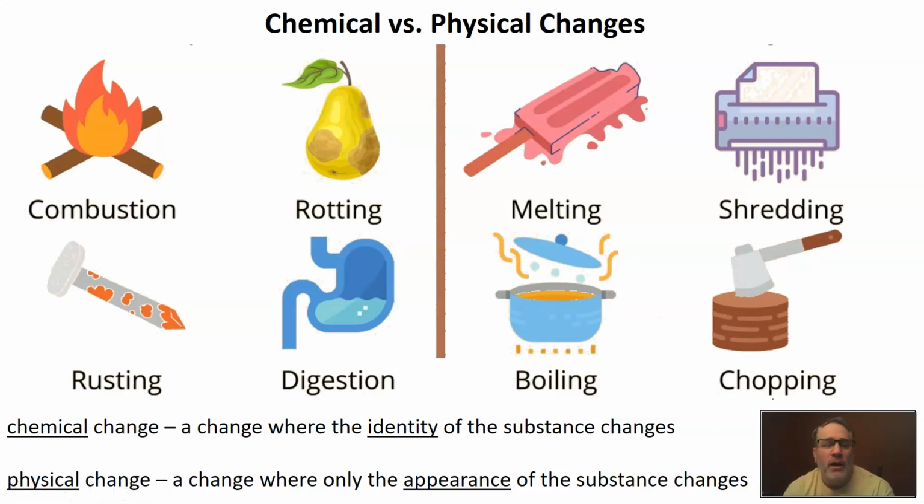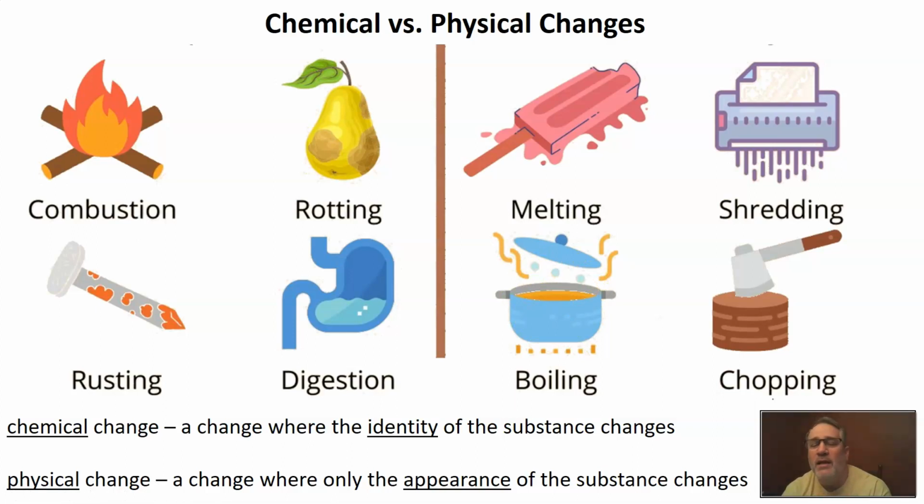Okay. So a physical change, which is of course different than a chemical change, is a change where the appearance of the substance changes. In other words, the substance is going to look different after the change, but we're still going to have the same type of substance. Just because we change this soup by having it come to a boil, it's still soup.